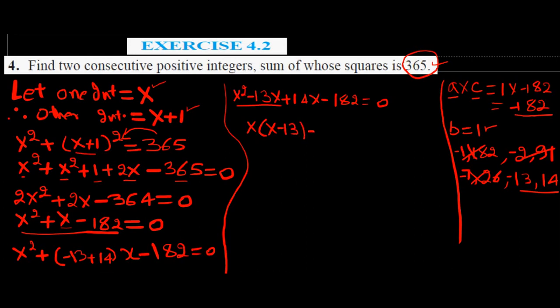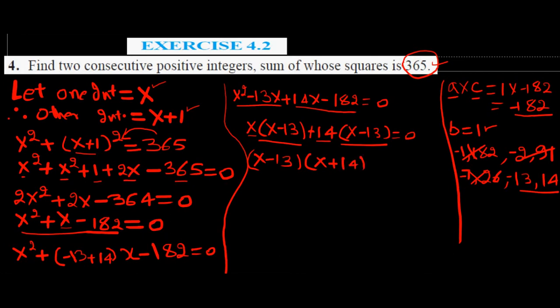I will take plus 14 common from the last two terms, so I will be left with (x minus 13) is equal to 0. Now I will take (x minus 13) common, so inside I am left with x and plus 14, and this is equal to 0.